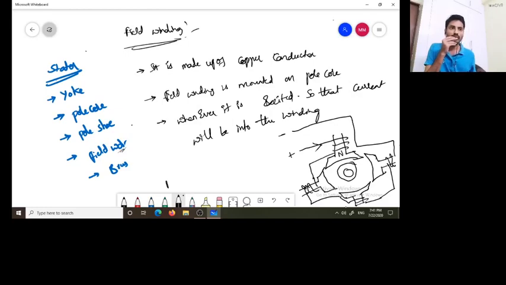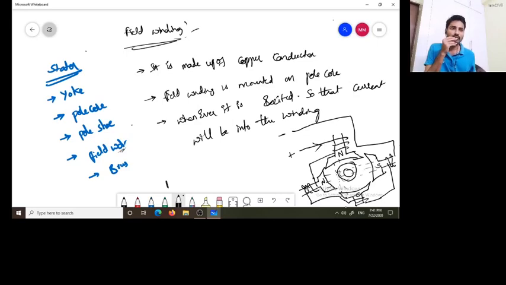Due to the direction of current, it is created as north here and south here. Opposite poles are created here, so flux will travel from north pole to south pole. Here also north and south poles are created, opposite polarities.